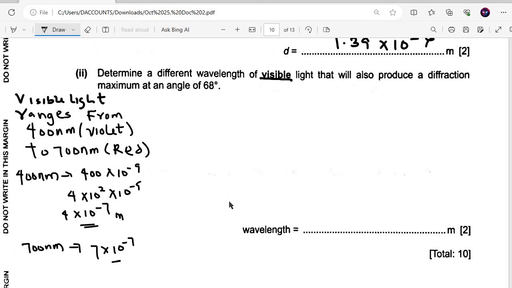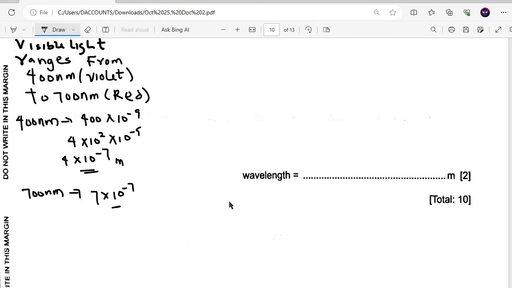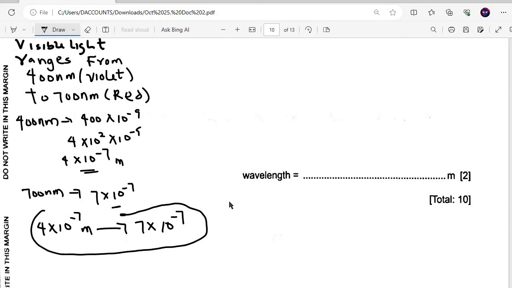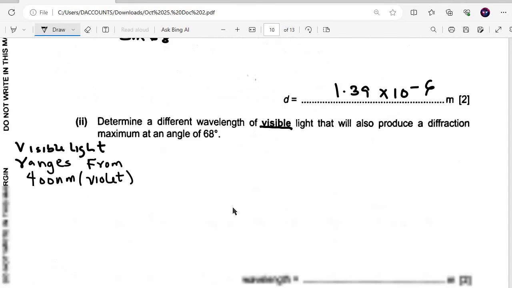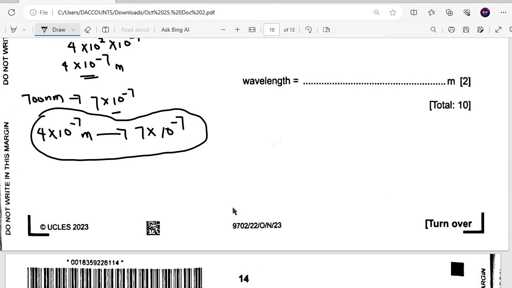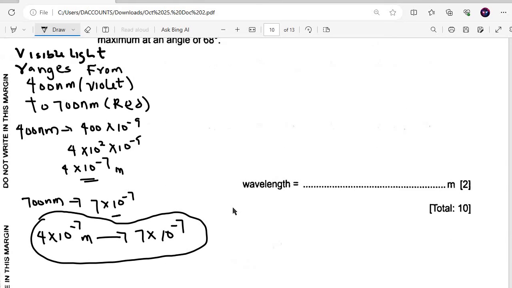So our wavelength must be between 4 times 10 to the power minus 7 meters and 7 times 10 to the power minus 7 meters to confirm that it is visible light. If you check the original question, the wavelength 4.3 times 10 to the power minus 7 is between the range.